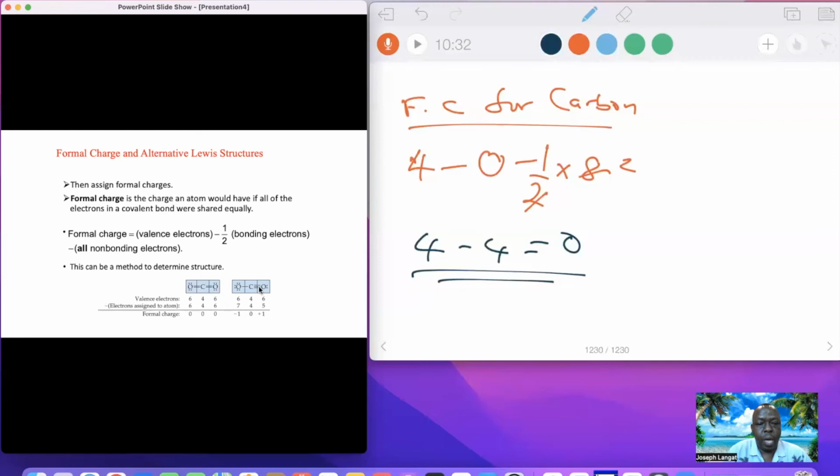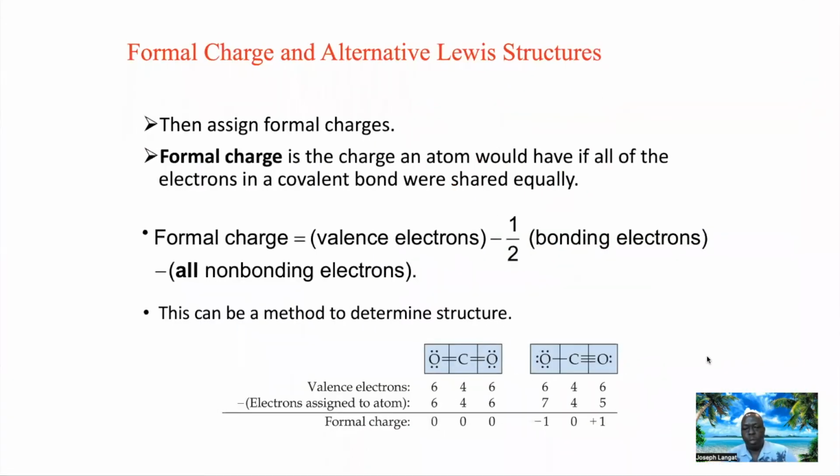If you have a triple bond on one side, these are the formal charges, which I don't want to go through using the same equation. But from the formal charges, this one has the least combination of formal charges, and this is the most plausible Lewis structure for that compound.